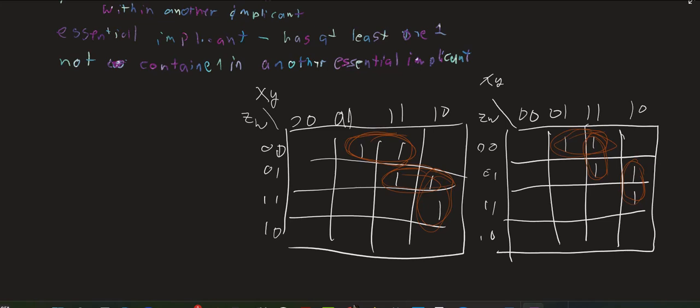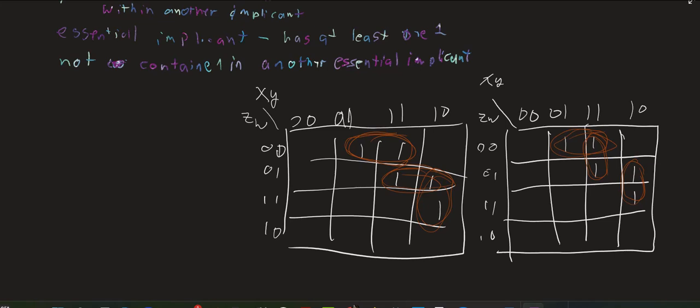You would think essential means you have to have it in your Karnaugh map. You just pick and choose, and you'll see if you look at solutions, sometimes there'll be a solution that says this or this, and they're both correct.